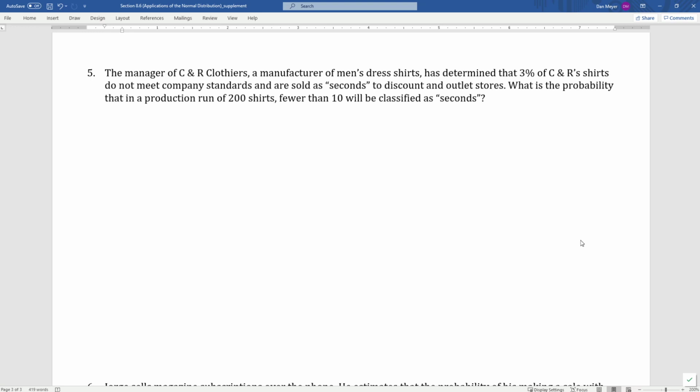So we have a random variable here, x, which is the number of seconds in a run of 200. And it is a binomial random variable.